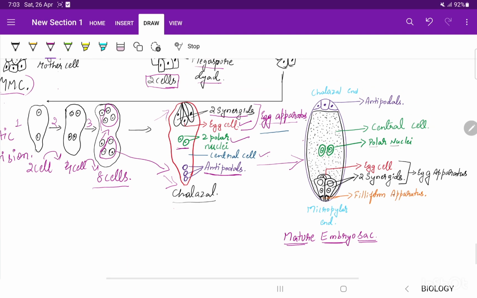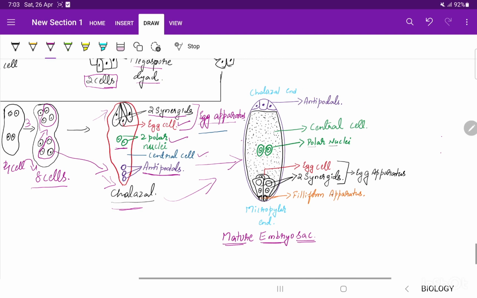So now this diagram is inverted and shown as given in NCERT, where the antipodals are arranged in the chalazal end. The central cell is having polar nuclei which have no cell wall formed, and the egg apparatus where 2 synergids are present and 1 egg cell at the center.